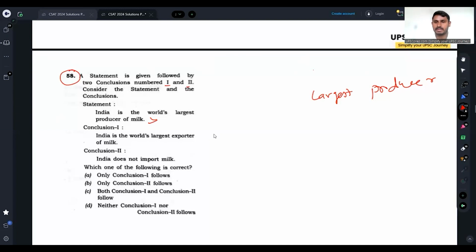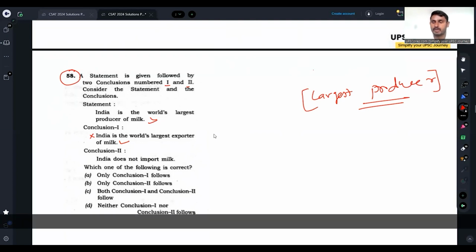Not necessary, right? Even if we are the largest producer, if the complete milk which we are producing is getting consumed in India itself and we are not exporting anything, then this statement is not valid, right? So this statement is not 100% true. Then, India does not import milk, not necessary. Even if we are producing a large amount of milk in our country, it may not be sufficient for our people.